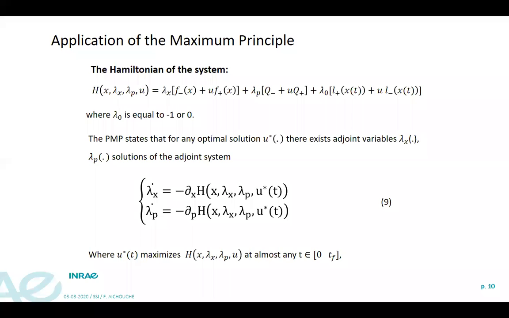Now we apply the maximum principle. We introduce the Hamiltonian. As we know, the principle of the maximum states that for any optimal solution, there exist adjoint variables lambda x and lambda p solution of the adjoint system given by equation 9.